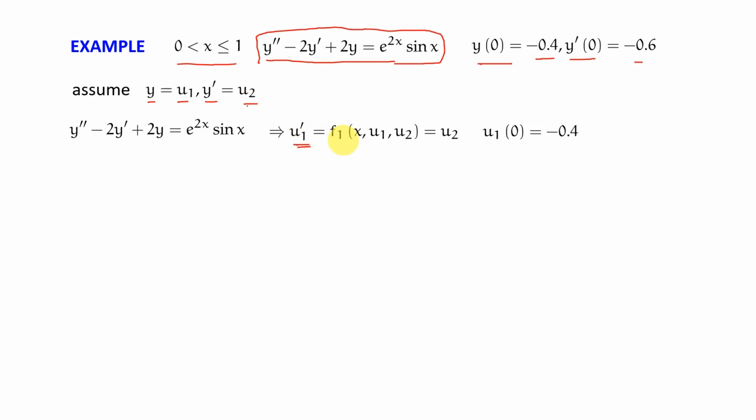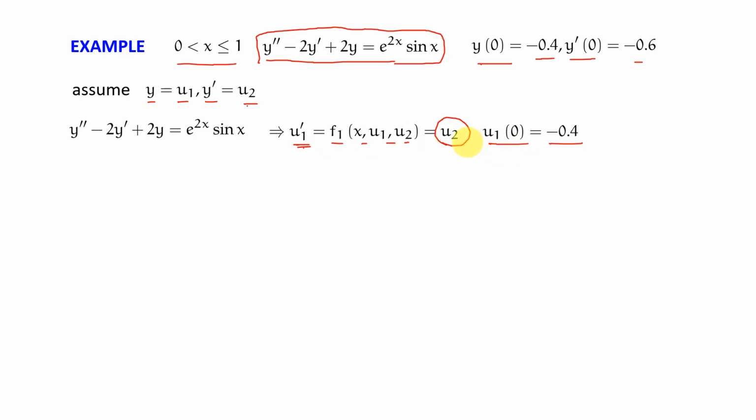So u1 prime is a function of x, u1, u2, and this is just u2 here. And u1 at x equal to 0 is minus 0.04. This is my initial condition. Here I have a first order ODE initial value problem.